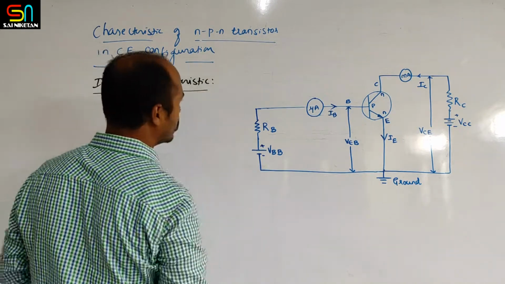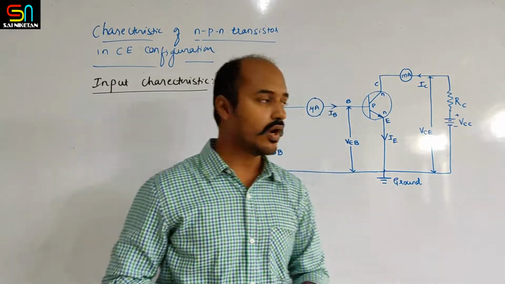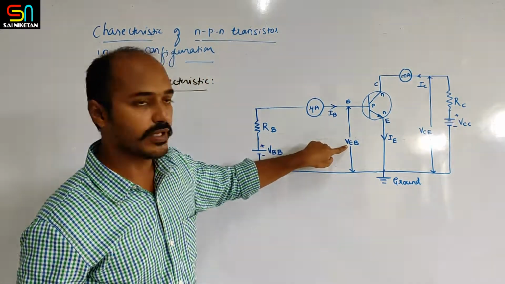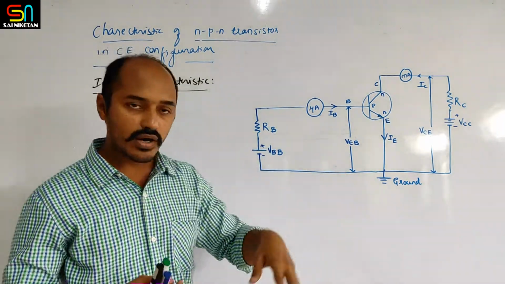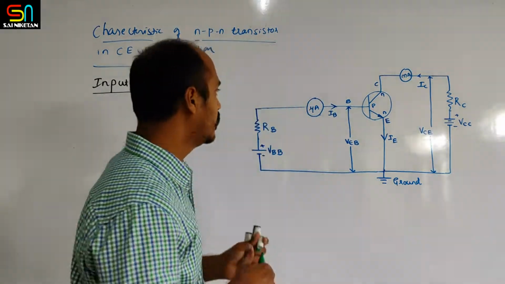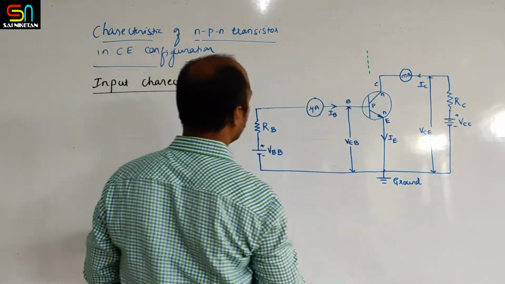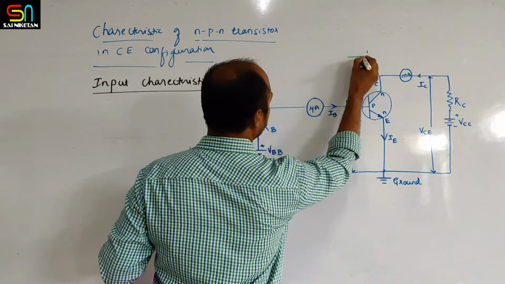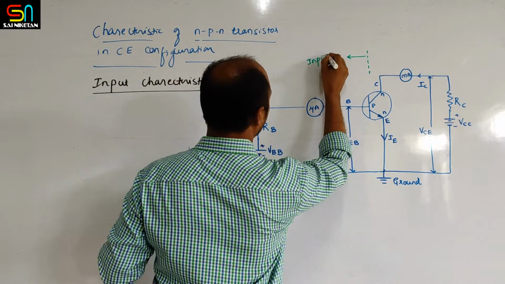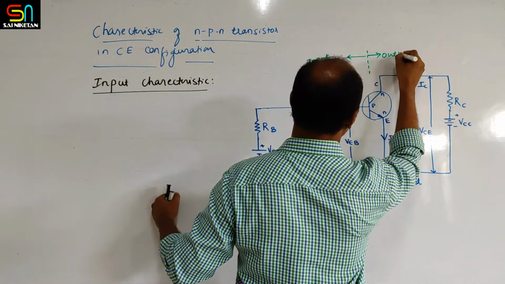For the input characteristic, we have to draw the graph between IB and VEB. To understand this in an easy method, this half of the diagram I will take as input and this half of the diagram I will take as output.